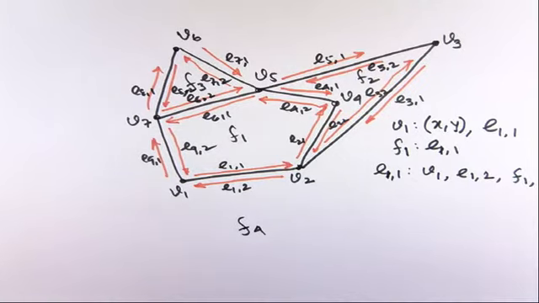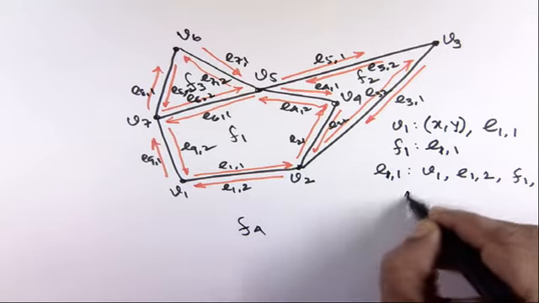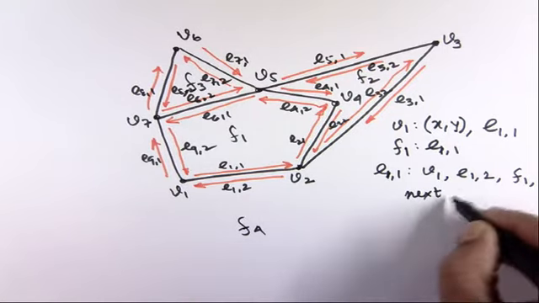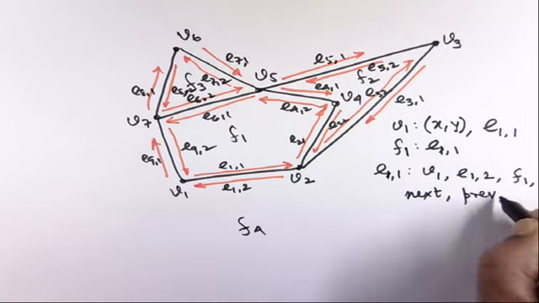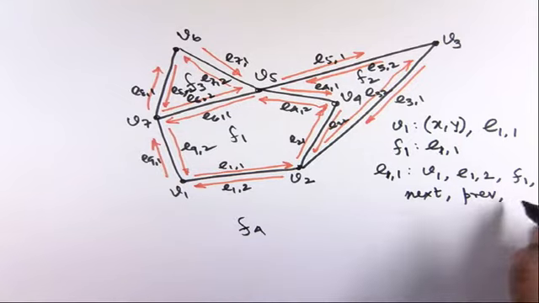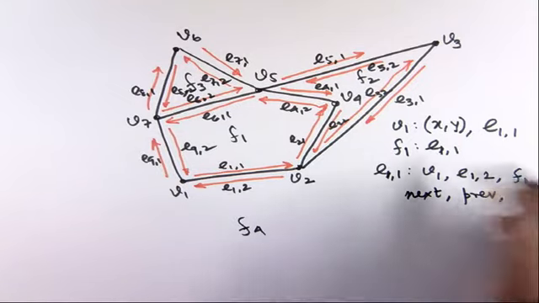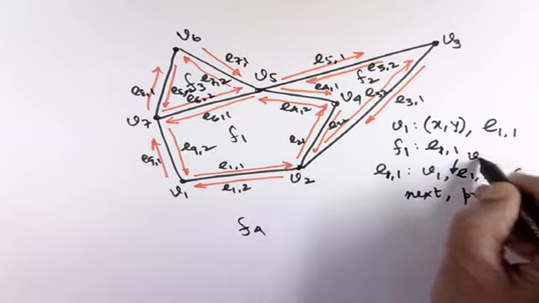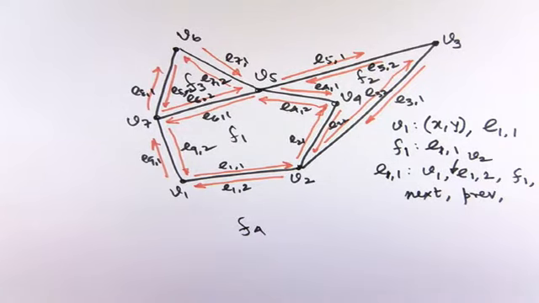Which face do you keep? The face that is on the left, because your traversal is counterclockwise. You keep a next. You keep a previous. I'm sorry, we should also keep the origin and the other side, V2. We keep this information.